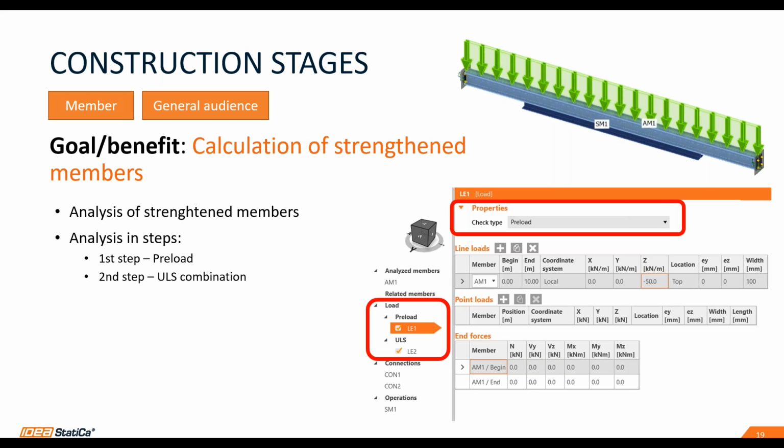Then you have these options of construction stages, a kind of two-step analysis where you have the preliminary or original load assigned in this preload, and the final stage of load in the second step. So it's probably quite obvious that if I add some other profiles, steel sections or some stiffeners, the behavior would be different, and it would be analyzed for the final stage of loading.